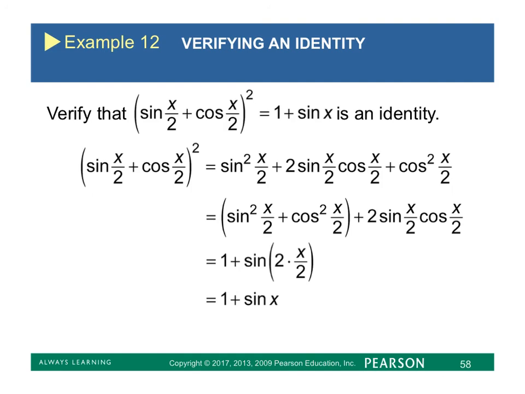I might find a Khan Academy that puts some of these identities together, because the quiz will be on lessons 1 through 4, which is a lot of identities. I don't know how Khan Academy will do it, but you're going to have a couple things to do this weekend.